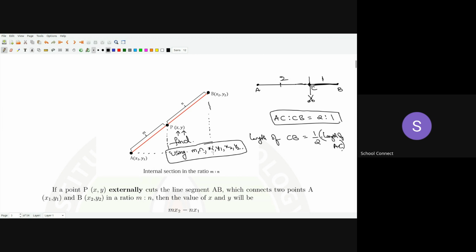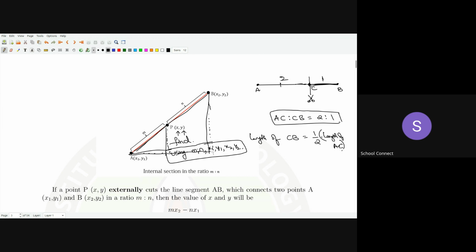Okay. So this small triangle is similar to this triangle, right? Because the angles will be equal. Now, if they are similar triangles, then the sides ratio will also be equal. So this plus this divided by this should be equal to this divided by this should be equal to this divided by this.